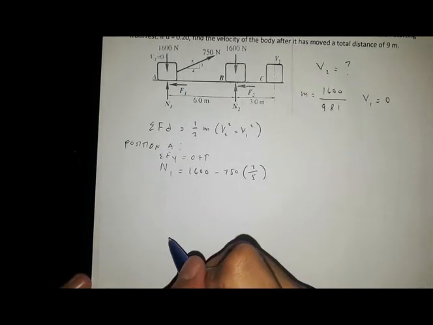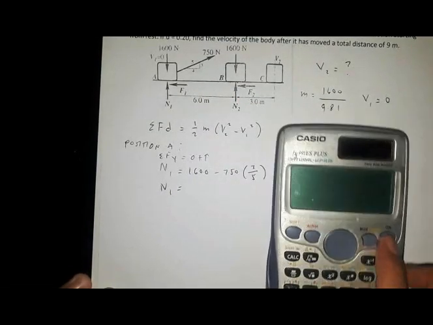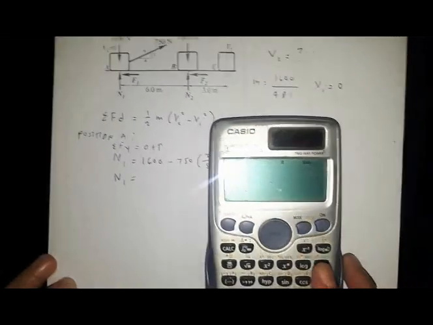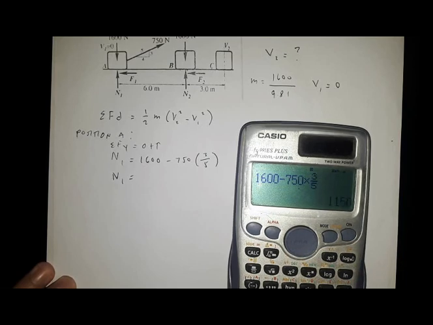So we have your N1 equal to 1,600 minus 750 times 3 over 5.